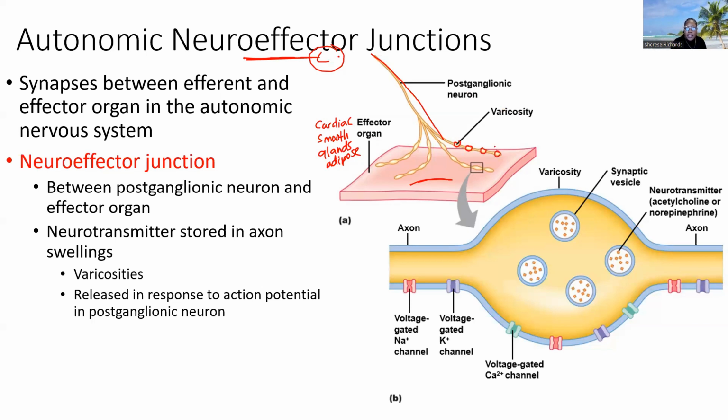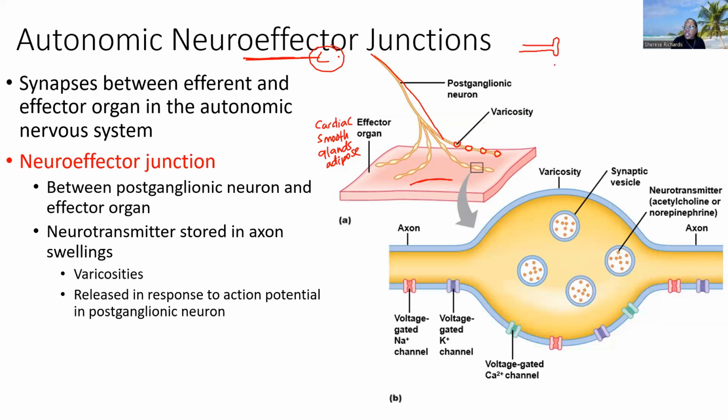Whereas in a typical synapse, we have the neuron ending in an axon terminal that looks something like this, here we have a neuron ending in several different swellings that will actually have the neurotransmitter being stored in vesicles within the varicosities. If we look a little bit closer at these swellings, we can actually see the synaptic vesicles inside of the swellings, and it's going to contain the neurotransmitter that's being released.